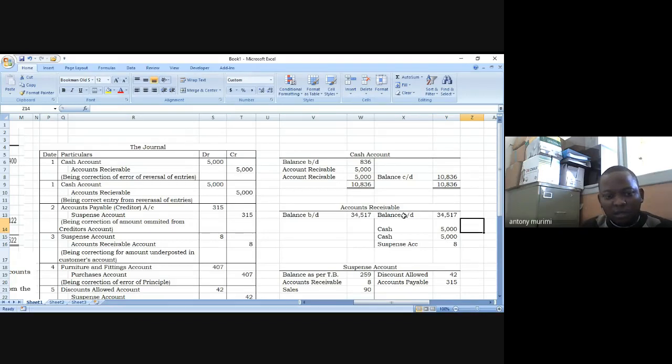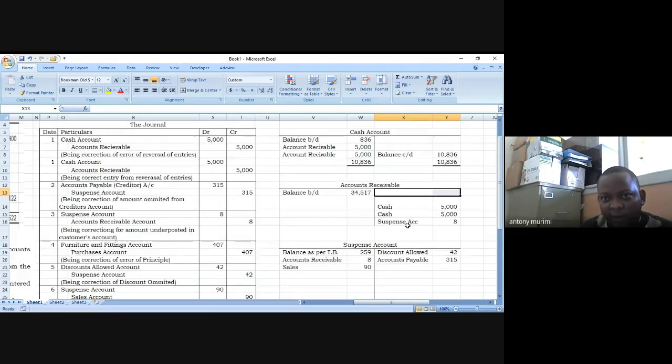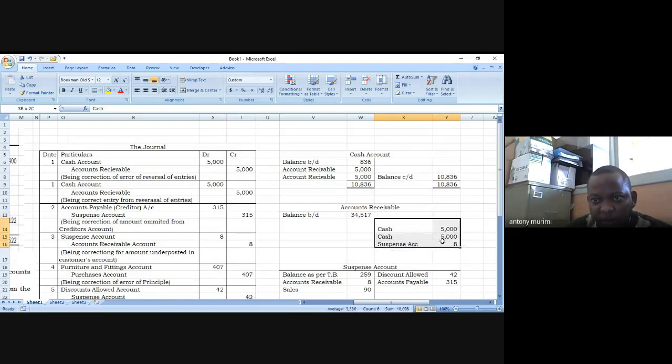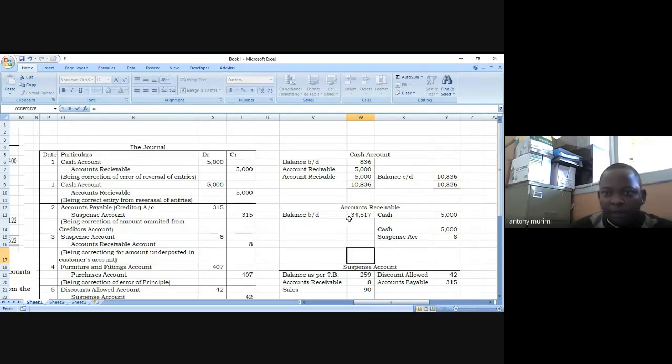So to correct for this, that was an error. So we balance this off. So the debit side is heavier.